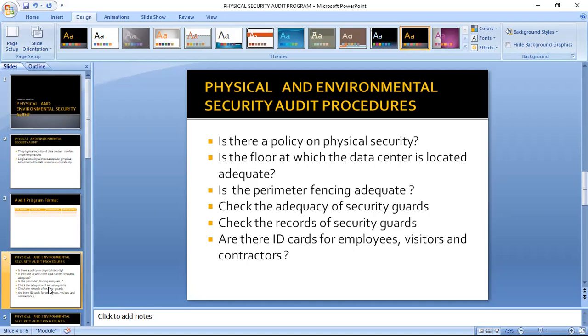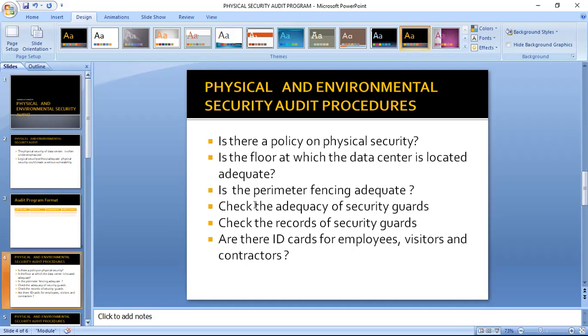And if you locate the data center at the topmost floor, and the roof gets a leakage, it can also lead to flooding of the data center. So you need to look at the environment of the organization, then look at where they site the data center to see whether it is prone to flooding based on the location at which it is sited.